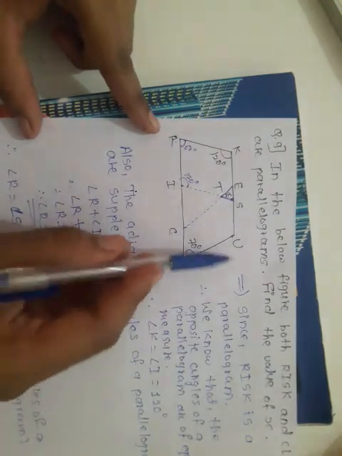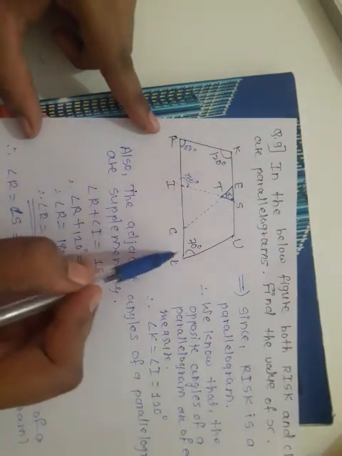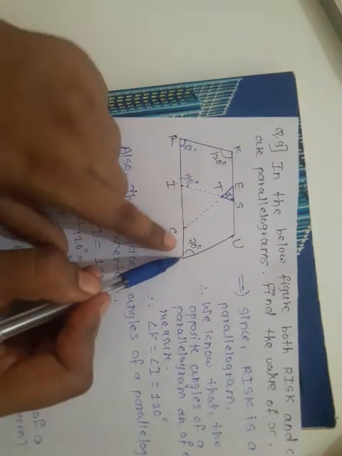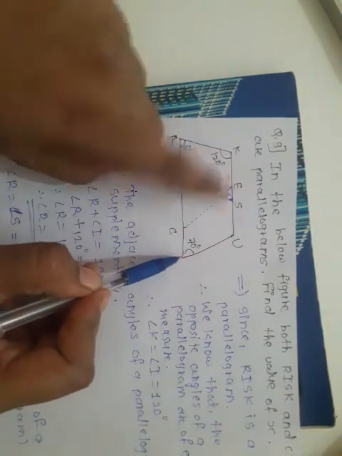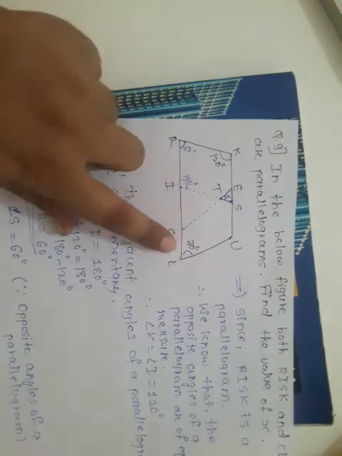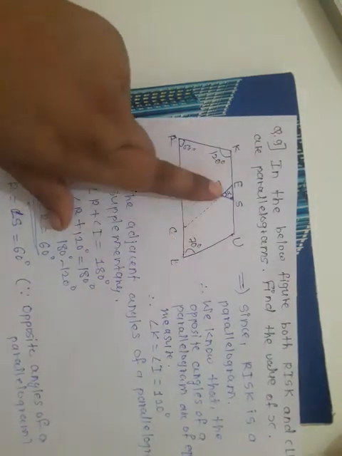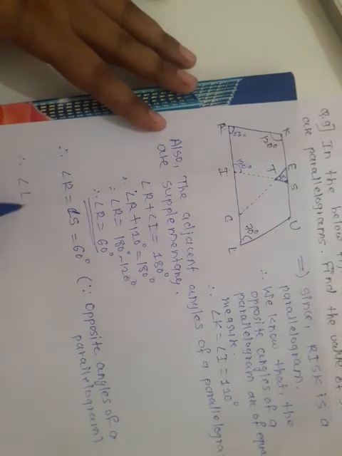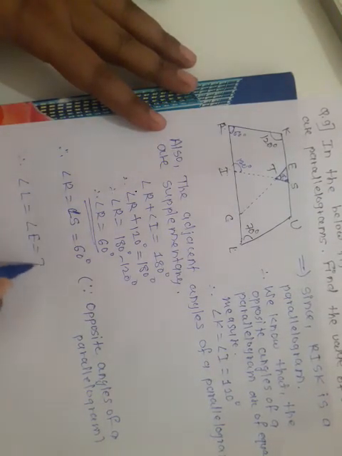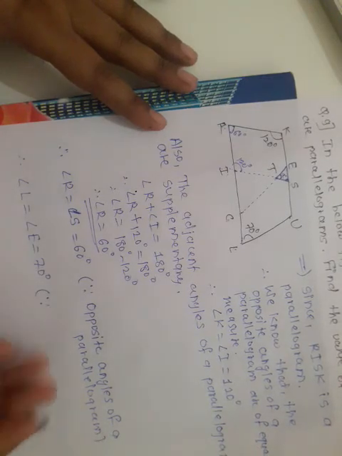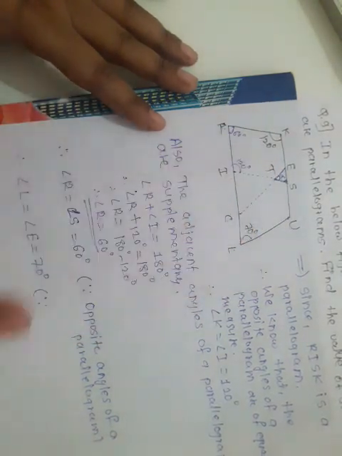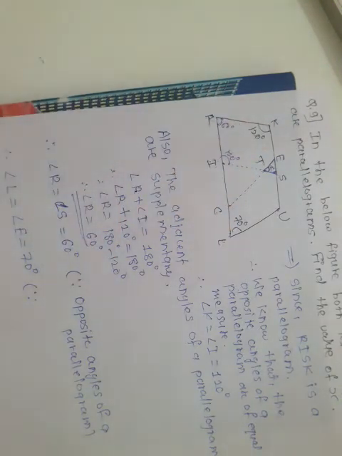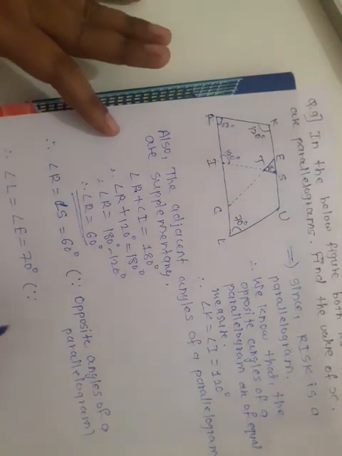Now see CLUE. Here, angle L is given to us, and the opposite angle of angle L is angle E. Therefore angle L is equal to angle E is equal to 70 degrees. The reason is that CLUE is a parallelogram, so the opposite angles of a parallelogram are of equal measure.